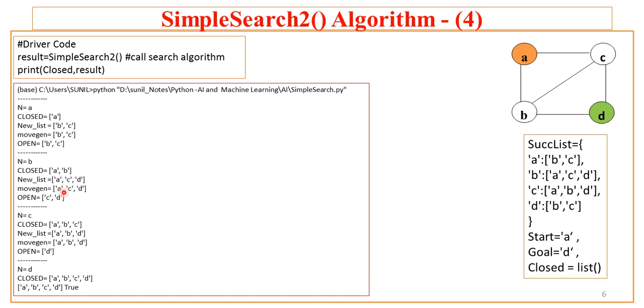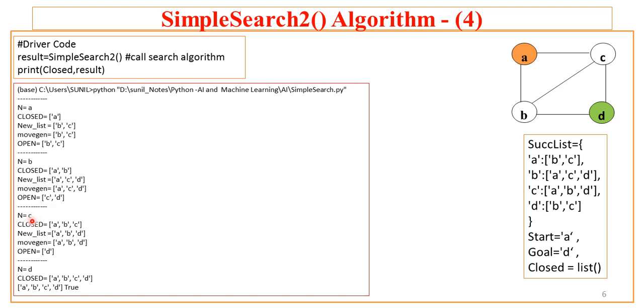Now in moveGen there are A, C, D, but in closed there are A and B. So obviously whatever is there in closed is removed from moveGen. So there is only one element, A, which is duplicated. That is removed, and whatever remains is added to the open. So in the case of open, C and D will be the elements. Those are the new elements. And with this new open, the next iteration starts.